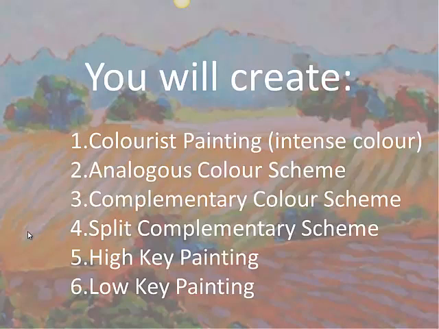You're going to do a complementary color scheme, again choosing the colorist method or a realistic use of color. And then the split complementary, colorist or realistic. Then the high key painting and the low key painting.